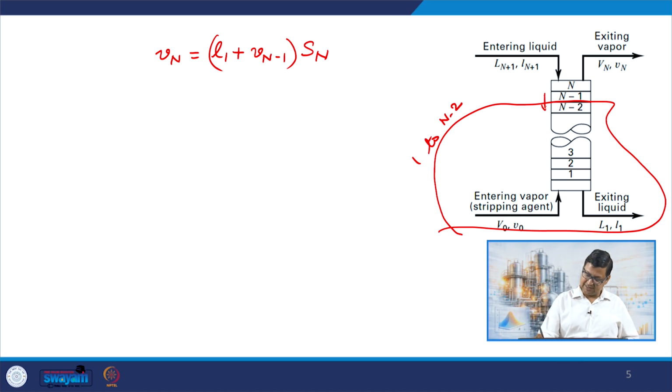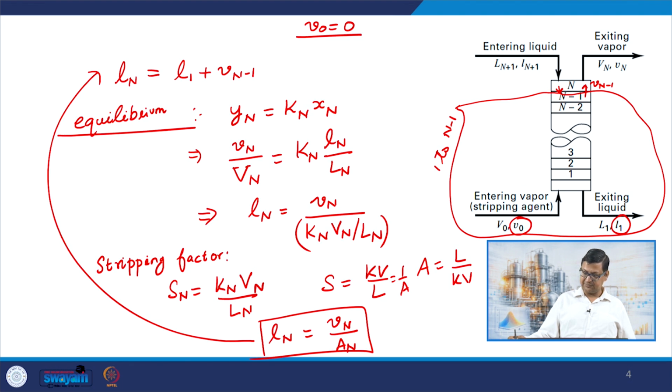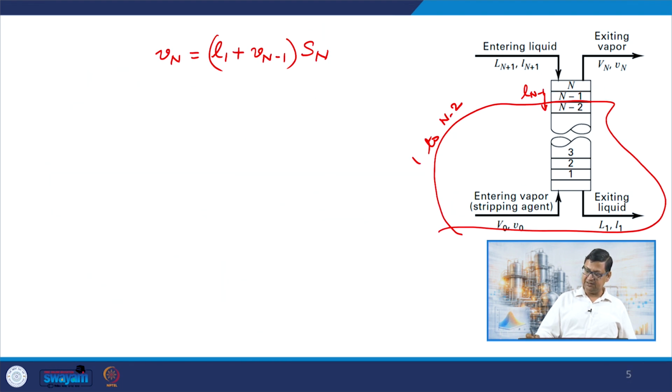What leaves the stage n minus 1 in the liquid phase comes here, and what leaves in the vapor phase, n minus 2, is what is going out of there.